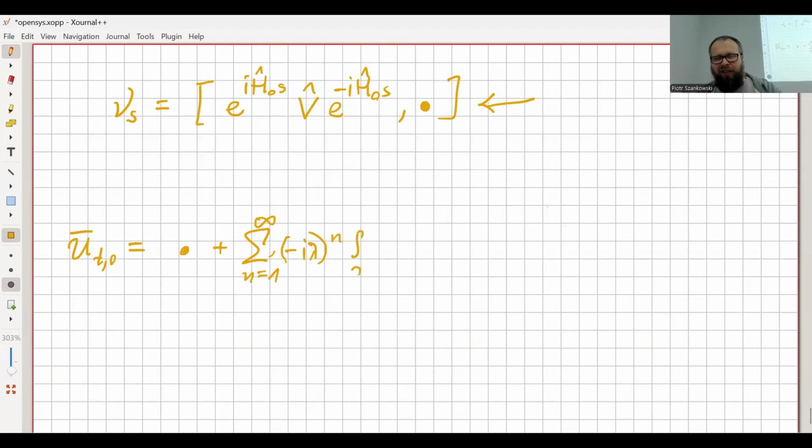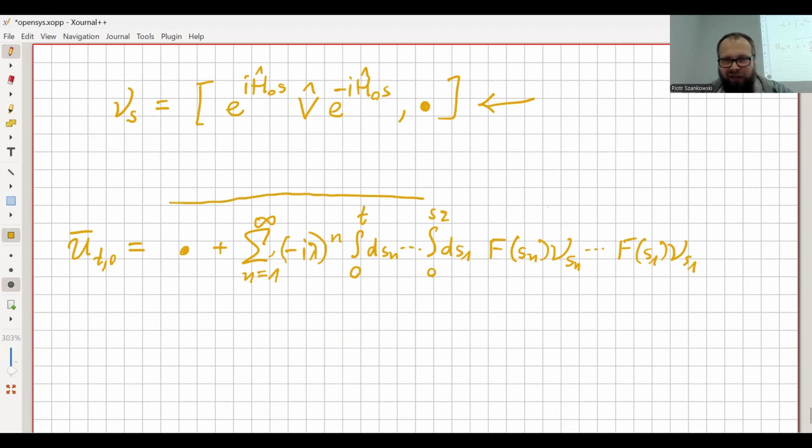We have time-ordered integrals ds_1 through ds_n, and we have our generators V(s_n) times F(s_1) V(s_1), and everything is averaged.